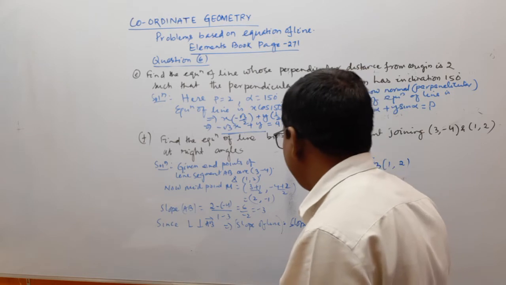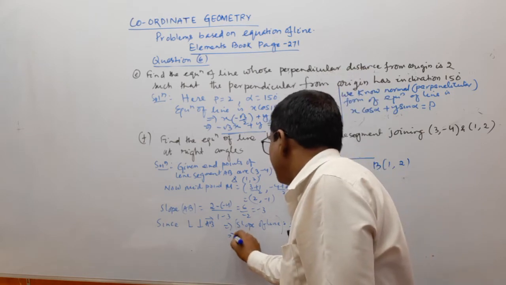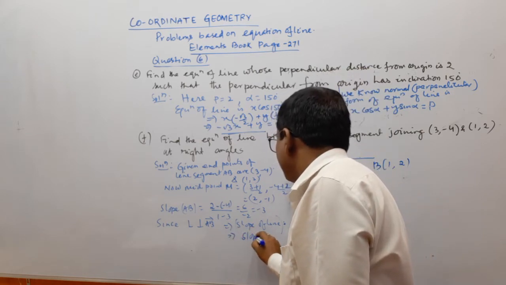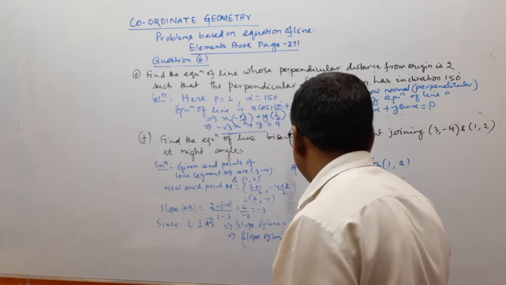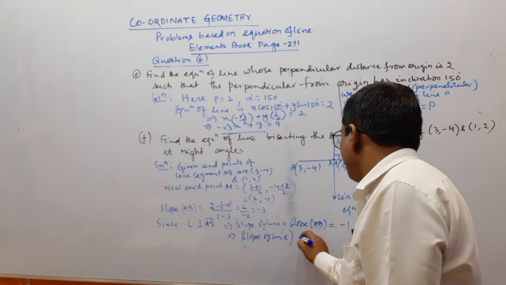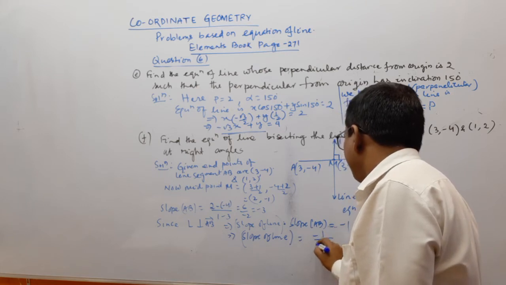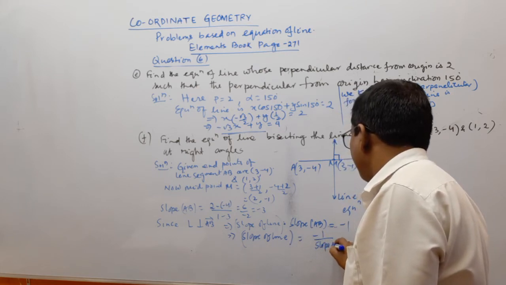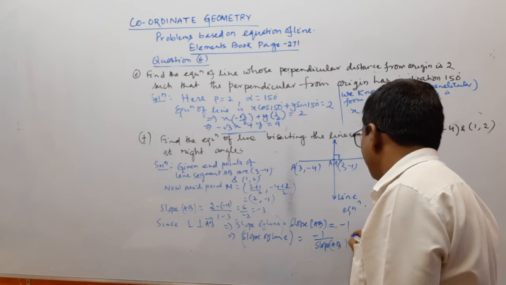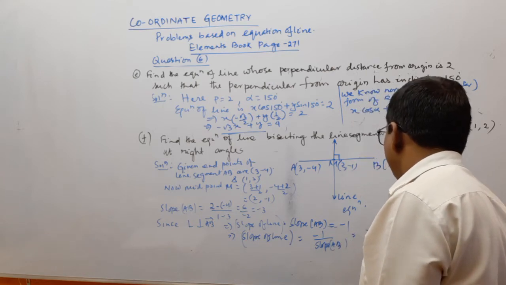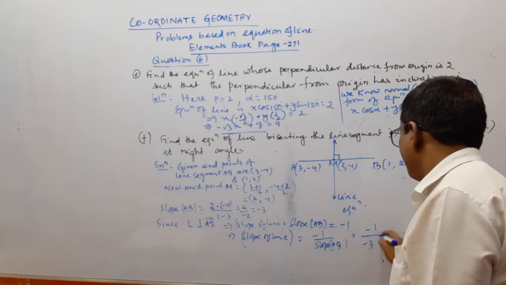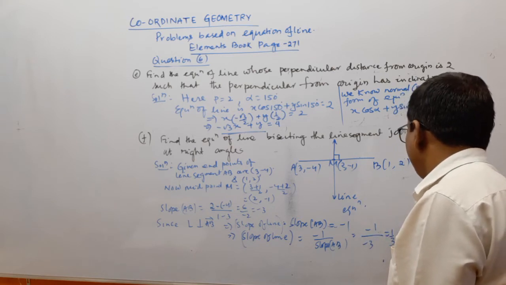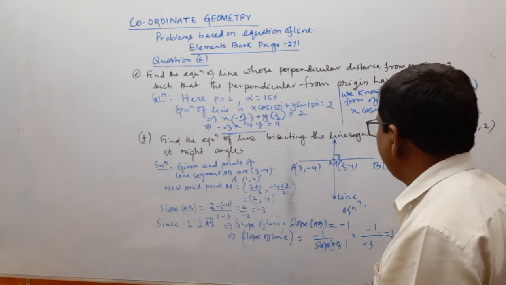So the slope of the line is equal to minus 1 by the slope of AB, that is minus 1 by minus 3, which is equal to 1 by 3.